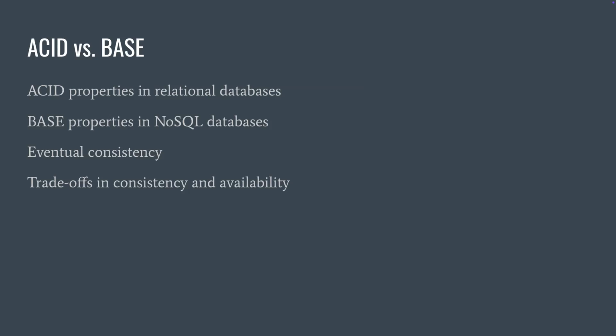And in many internet scale applications like social media feeds, unlike bank transfers, the absolute real-time consistency is probably less critical than being available for reads and writes across multiple regions. So when evaluating a NoSQL database, think about how critical strict consistency is to your application. If your use case allows for some level of eventual consistency, NoSQL solutions can offer significant performance and scalability benefits.